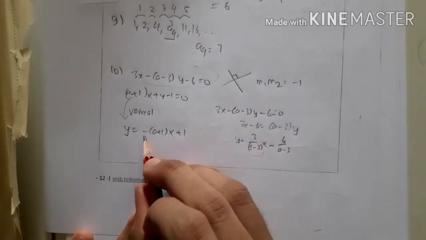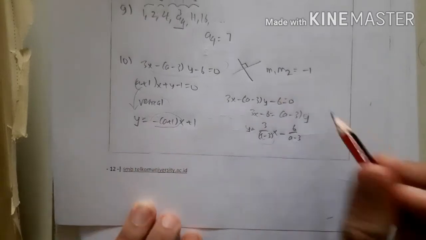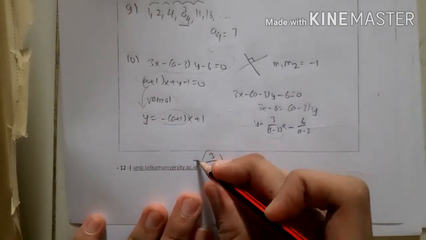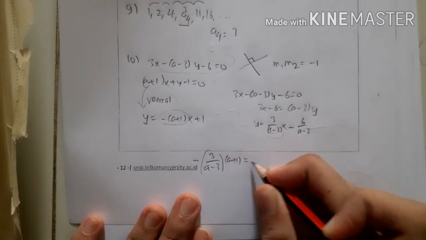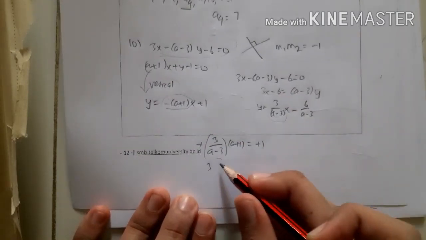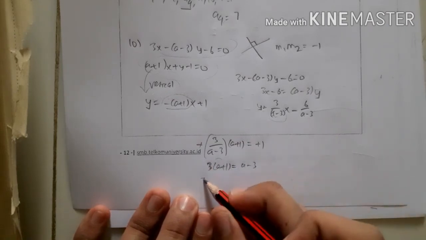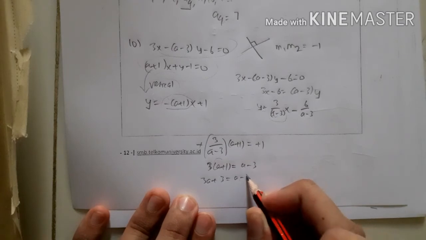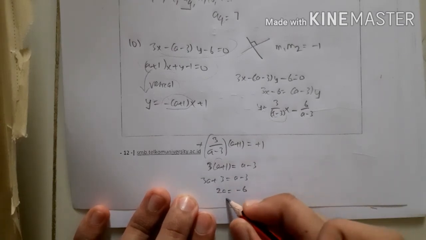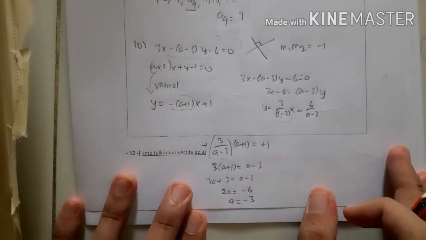When you multiply these gradients together, it will result in minus 1. Then from there, we find the number a. So 3a plus 3 equals a minus 3, then 2a is minus 6, so a is minus 3. The answer is minus 3.